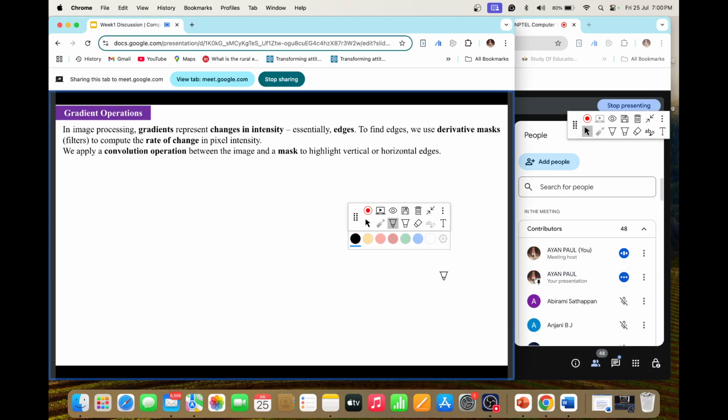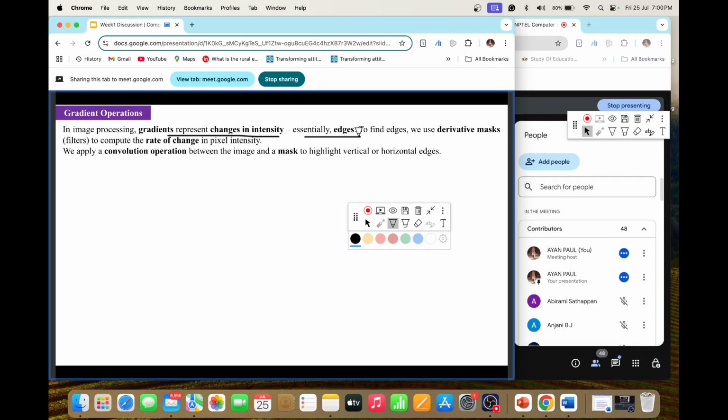Okay, let's move on to the next topic, the gradient operation. In image processing, gradient represents change in intensity, essentially edges. Say you are given an image of a monument and you want to know the edges. How can edges be found? There is a sudden change of pixel value.